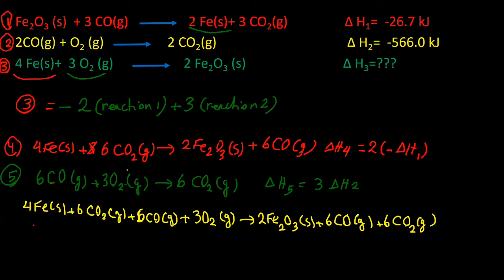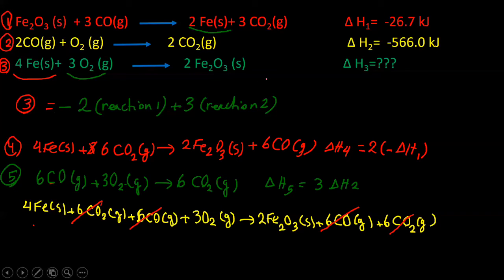Right now we have the sum of these two reactions, 4 and 5, and we simplify that. So we have 6CO on this side. The leftover here is 4 FeS plus 3 O2 gas gives us 2 Fe2O3 solid. That is the same as reaction number 3.